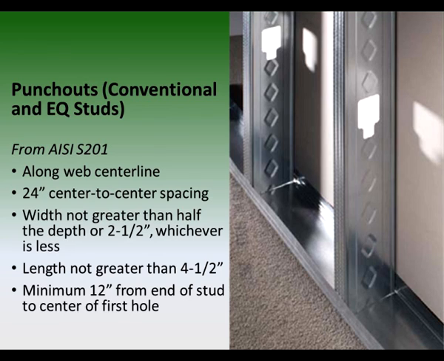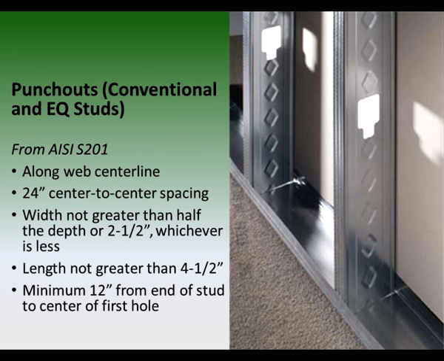First, punch-outs shall be spaced along the center line of the web of the framing members. Second, punch-outs shall have a center-to-center spacing of not less than 24 inches. Third, punch-outs shall have a width not greater than half the member depth, or 2.5 inches, whichever is less.